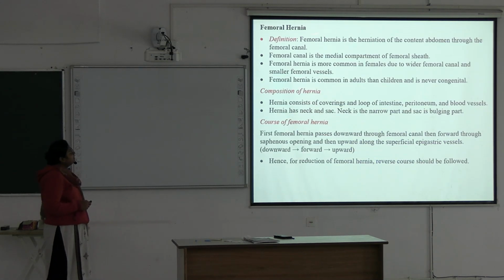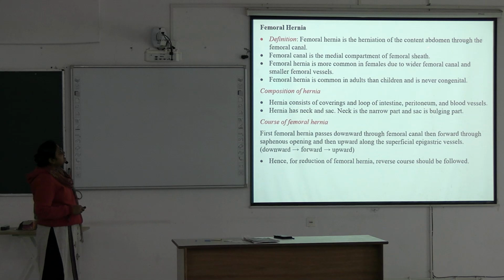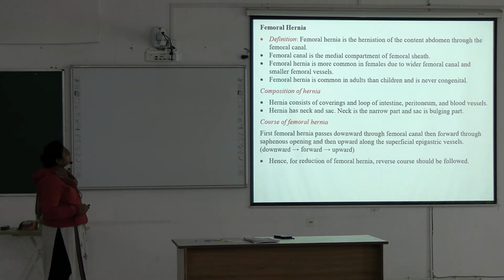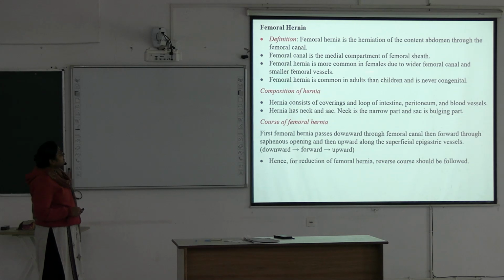So femoral hernia, this is the definition: it is herniation of the content of the abdomen through the femoral canal. The femoral canal is the medial compartment of the femoral sheath, and this hernia is more common in females due to a wider femoral canal and smaller femoral vessels.